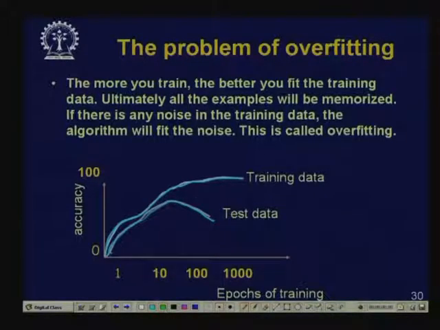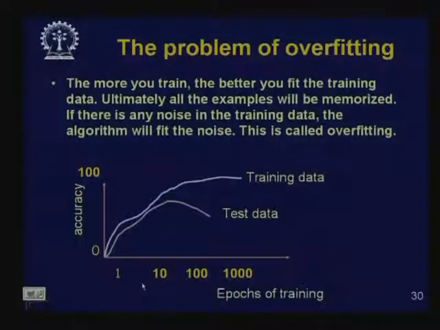So, this is a common phenomenon that you can observe, that as you train more and more, as your algorithm is tuned more and more, the accuracy on the training set may go on increasing, but after a point the accuracy on the test set may decrease. This is a typical behavior that you might notice with many learning algorithms.